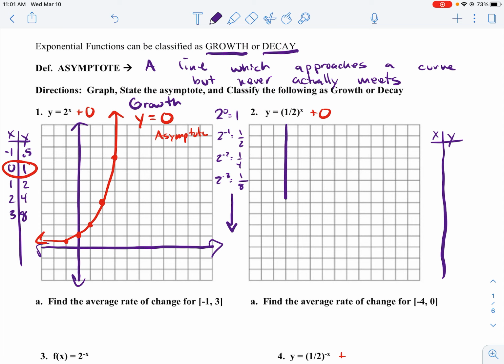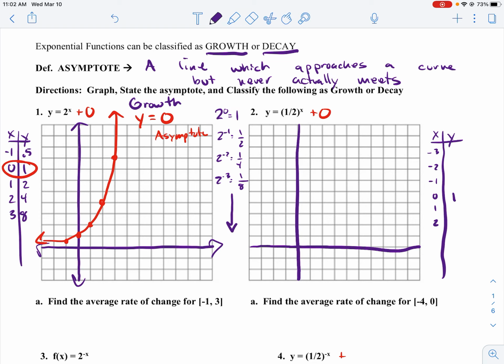So you'll notice in this one, when you plug this into your calculator, -3, -2, -1, 0, 1, 2. Now at 0, for all of these, it's going to be 1.